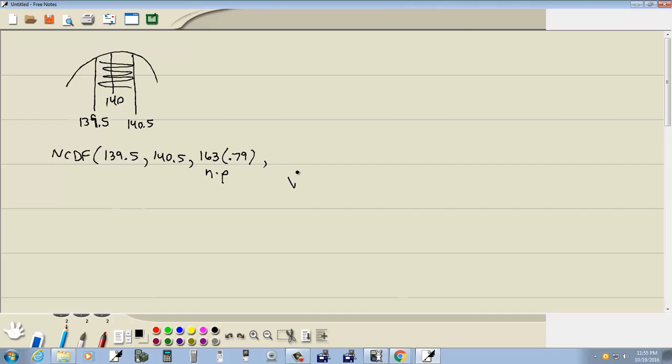And then this will be the square root of n times p times 1 minus p. So this will be the square root of n, which is 163, times p, which is 0.79, times 1 minus 0.79.